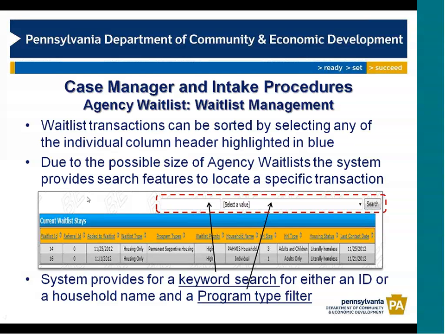If you're just looking for emergency shelter people, once you hit search, the system will return all the transactions that meet those criteria. They also work in conjunction, so if you put in a household name and a specific program type, it'll use both of those criteria when returning results within this grid.